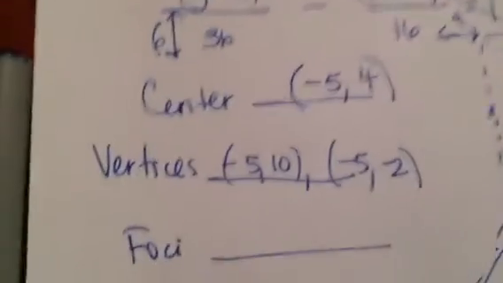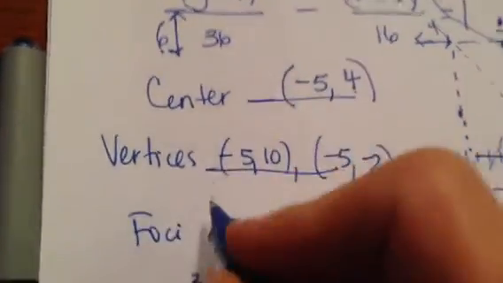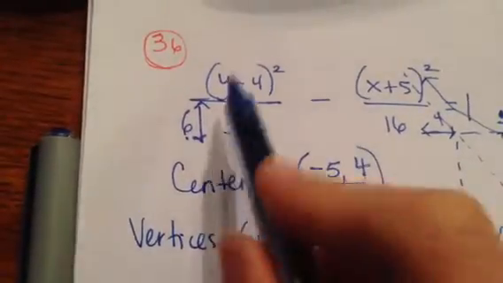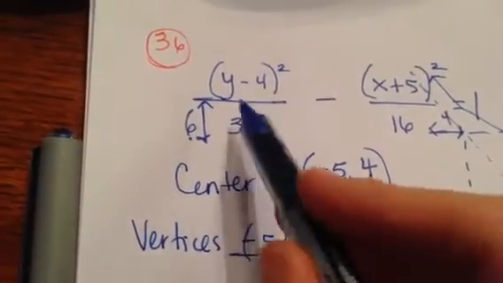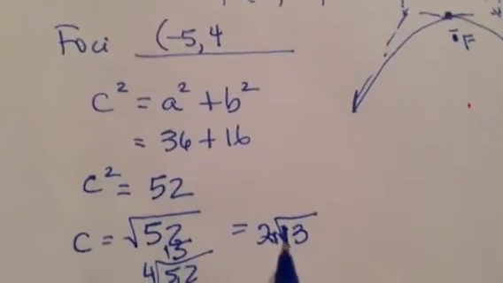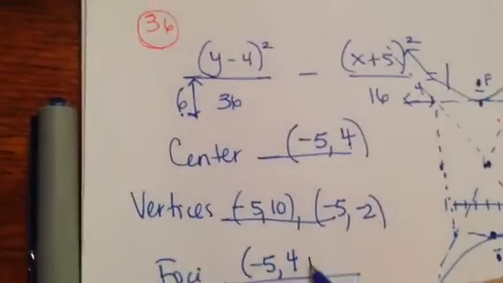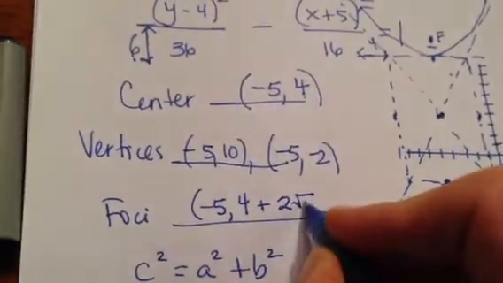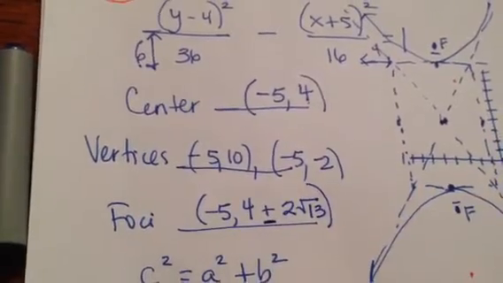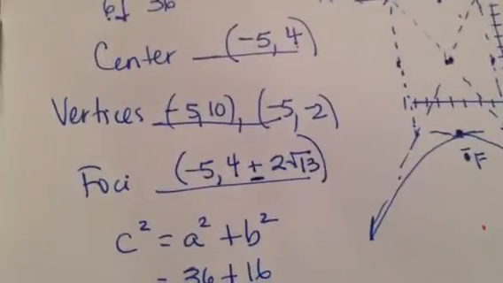Okay? To get my exact value, I'm going to take my center, which was negative 5, 4. And since I went up and down, I'm going to add this value to my y value. There's my y value. So I'm going to add this value, 2 square roots of 13, to the y value. I'm going to add it one time, and then one time I would subtract it. So that's how you would write your foci, right there.